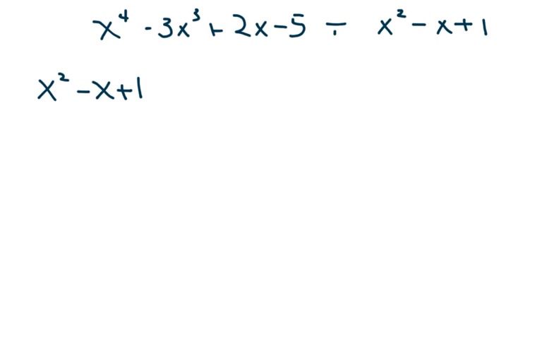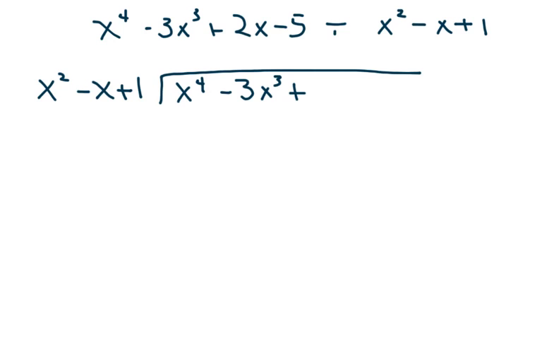Both of these are already in standard form. We'll talk more about that in class. Minus 3x cubed. No, we're missing a square here, aren't we? So here I'm going to go ahead and put a 0x squared, because I want this to go to 4, 3, 2, and then 1. So our x to the first power is 2x, and then minus 5, x to the 0. I'm not going to put that.